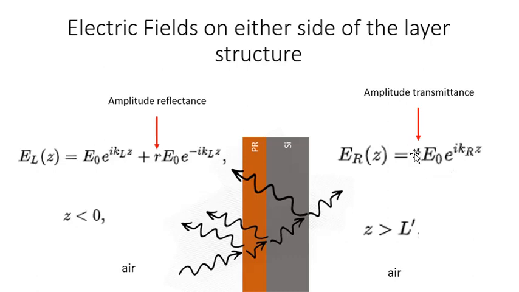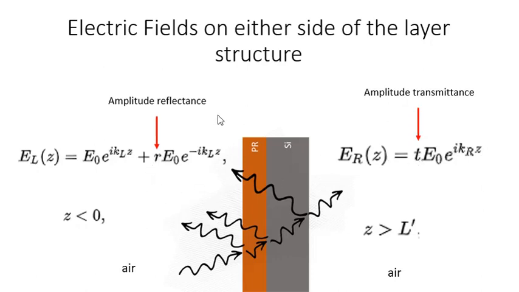And then the total amplitude of the right-going wave here is equal to E naught times some cofactor T, which we're going to call the amplitude transmittance, which is going to just represent the amplitude of the wave that actually passed through the entire multi-layer structure. Okay, so these are our two important parameters: if we wanted to know the total transmittance or the total reflectance, T and R are the parameters that we need to find out.